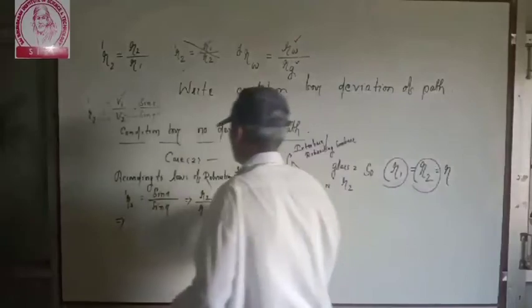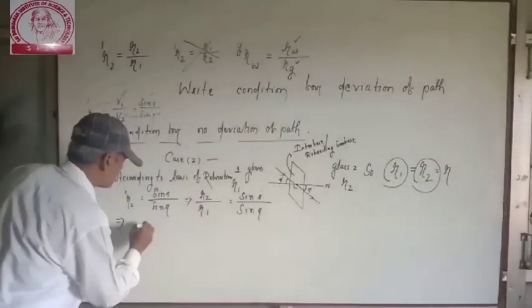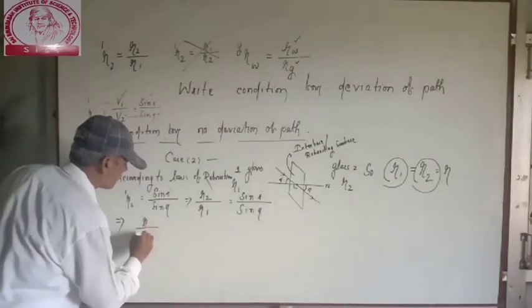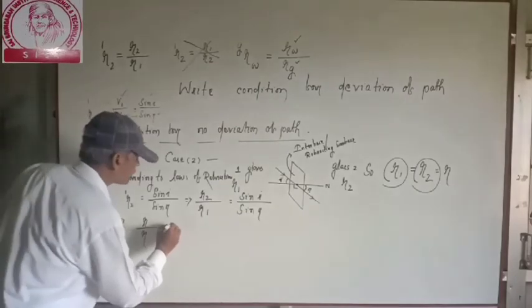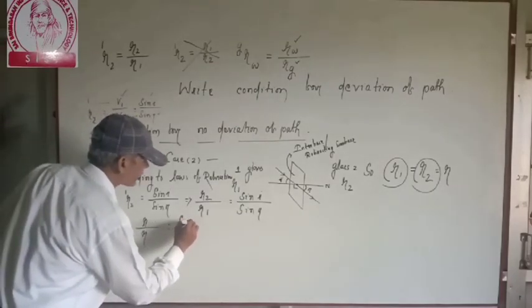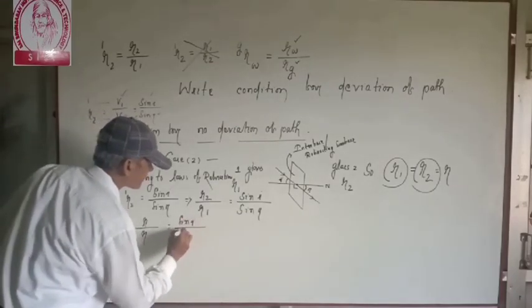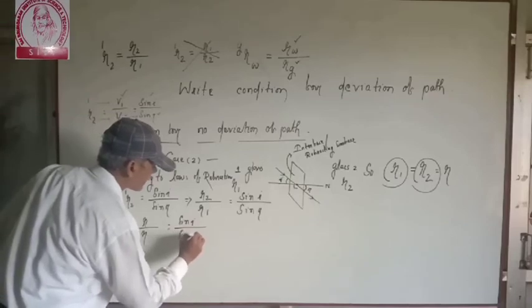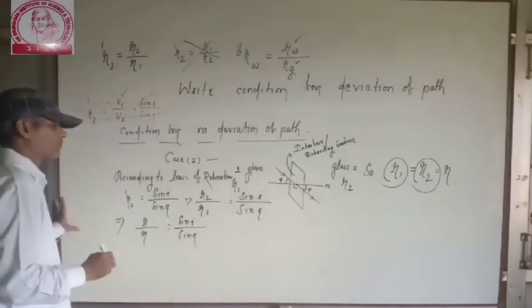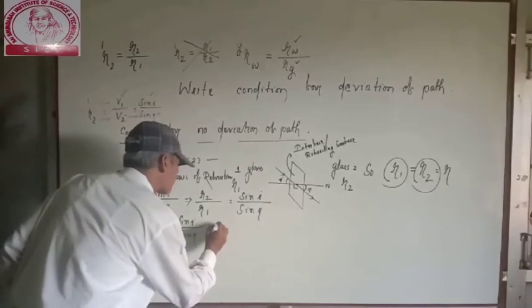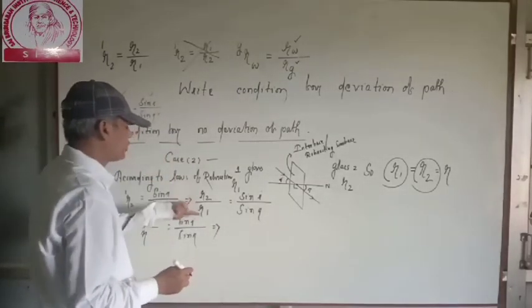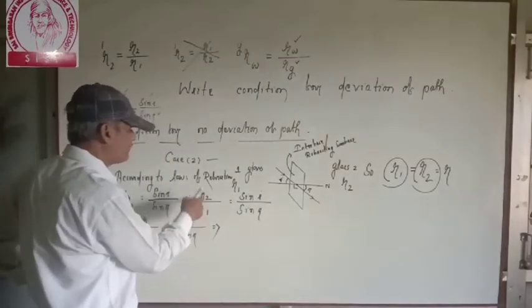Put it here: mu by mu is equal to sin i by sin r. So how much will be mu2 by mu1?